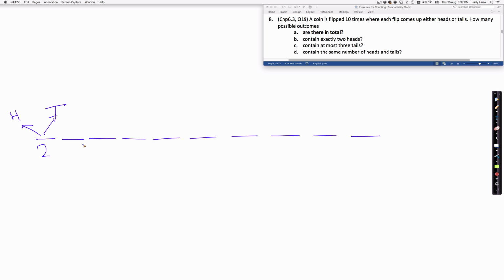And the second coin flip is independent of the first one, so again, there are two possibilities. In fact, there are going to be two possibilities for each of the 10 coin flips. Because of that, we're going to have 2 to the power of 10 possible outcomes, because each coin flip can turn up either head or tail. Now that is 8A.